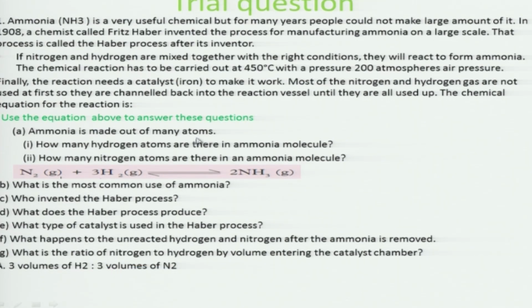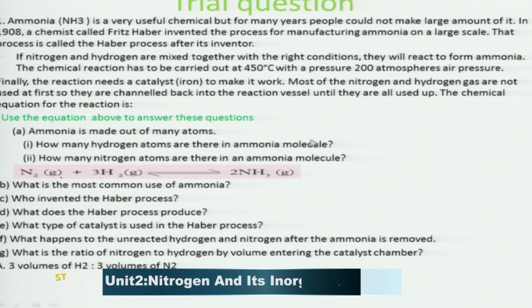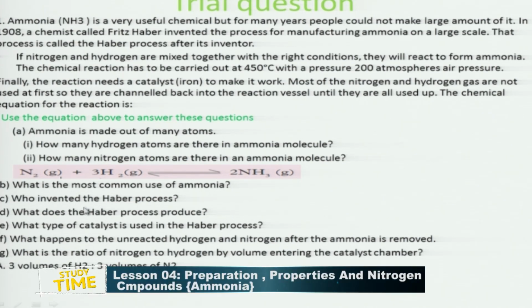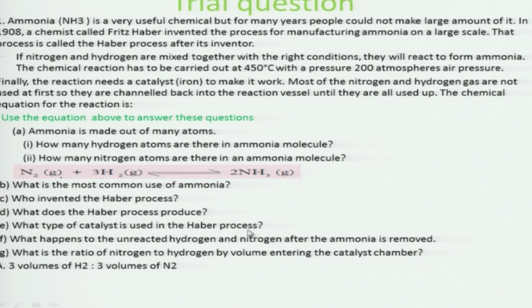One, ammonia is made out of many atoms. How many hydrogen atoms are there in an ammonia molecule? How many nitrogen atoms are there in an ammonia molecule? What is the most common use of ammonia? Who invented the Haber process? What does the Haber process produce? What type of catalyst is used in the Haber process?